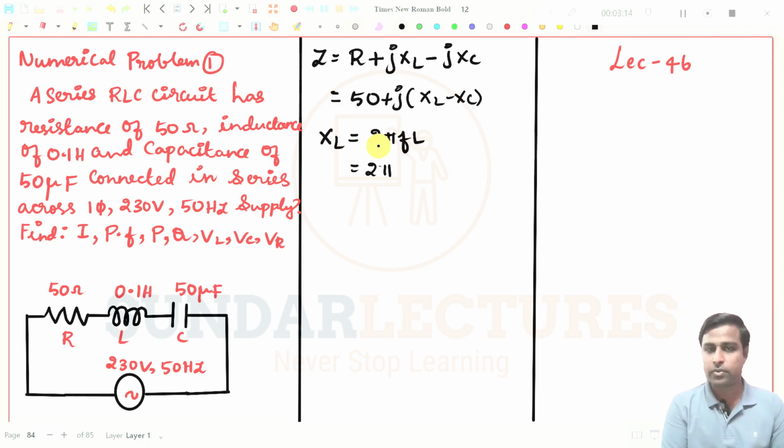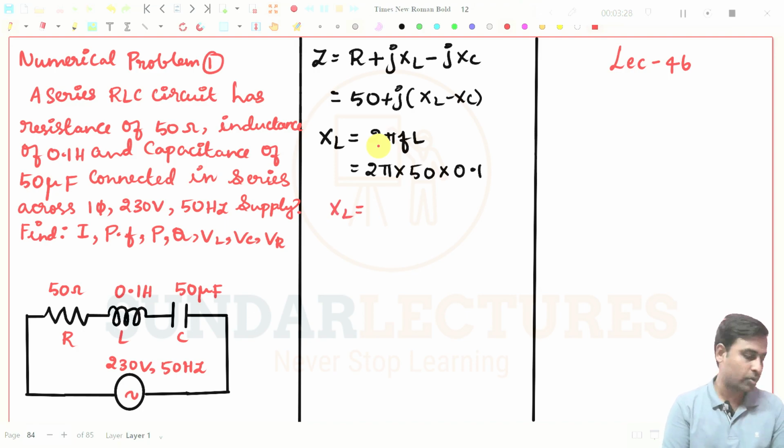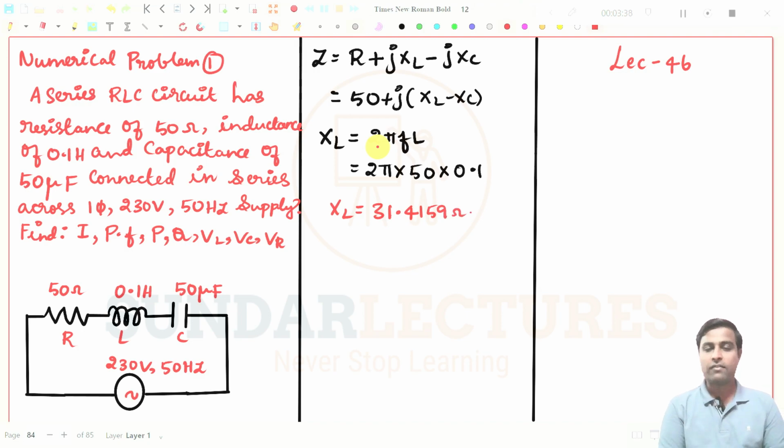This is 2 pi into 50 Hz, that is the given frequency, and L is 0.1 Henry. And if you find the value of XL, for me it is coming 31.4159 ohms. This is the value of XL.